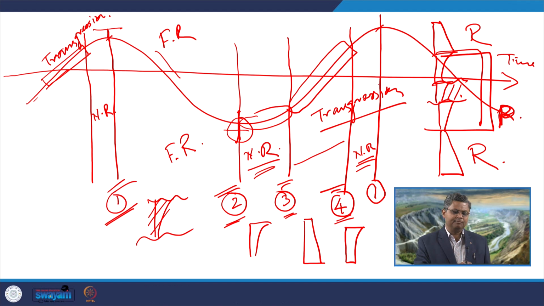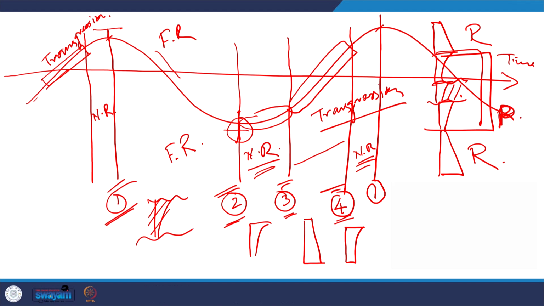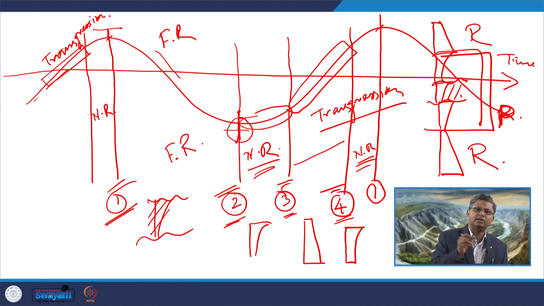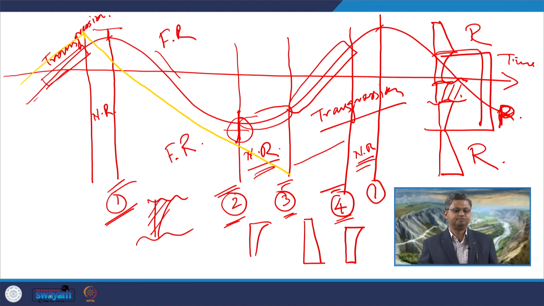So, in this diagram, if I want to draw the TR curve, that TR curve will appear something different. If I draw the TR curve, this particular point is the peak of the transgression. Now, from here the regression is starting and this regression is going on up to this point. So, this entire phase is the regression, and then from here again the transgression is starting, which is at its maximum over here.